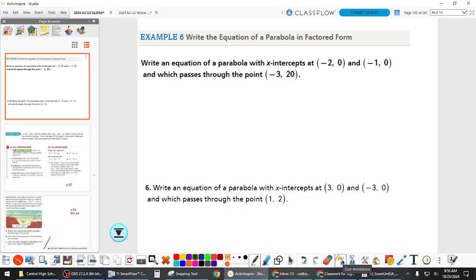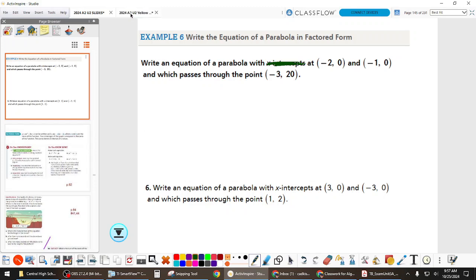So looking at this first one, what do you notice? Yeah. It's not going to say this, okay? It does in the problem, but if this wasn't given, you need to be able to recognize that those are x-intercepts. How? Y equals 0. Y equals 0, yeah. Okay?